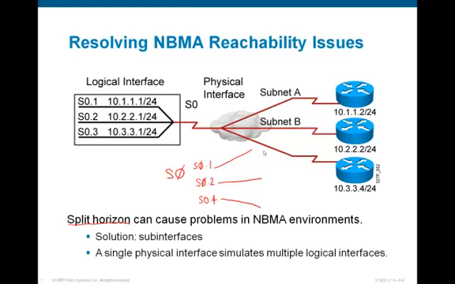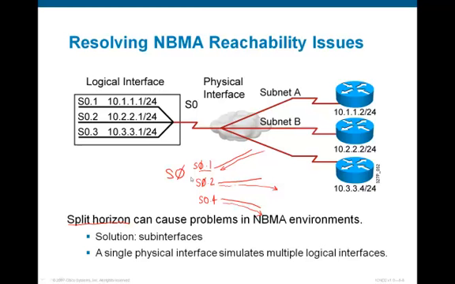So now the routes coming in from site A come in from S0.1. If we want to advertise the route to other sites, such as site B and site C, it will use different sub-interfaces to advertise the routes out.